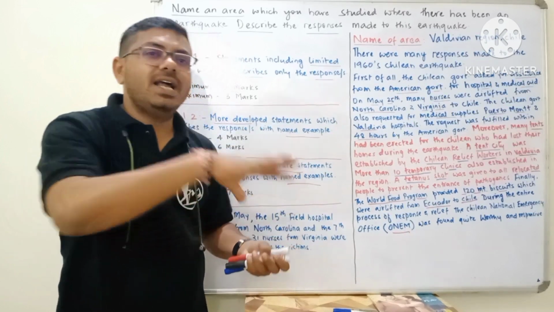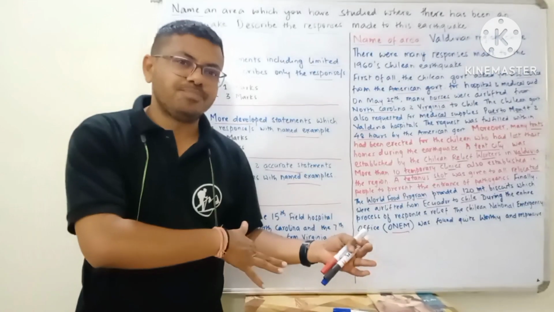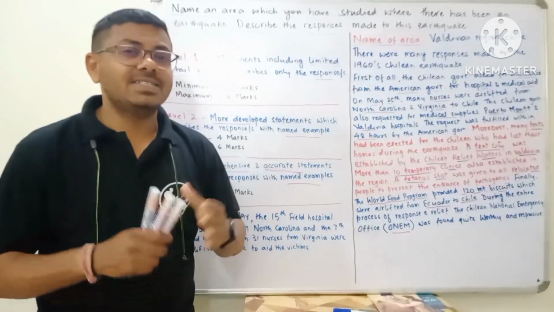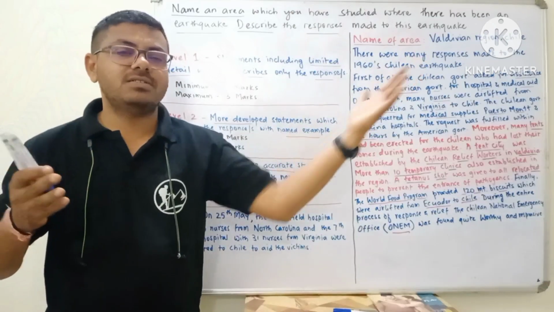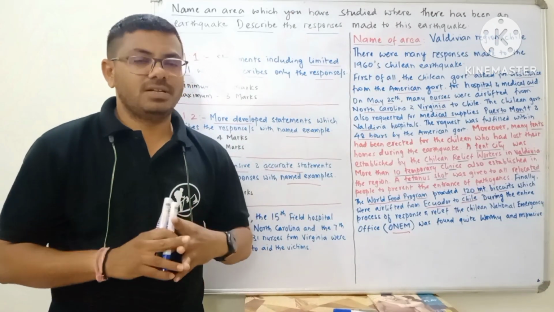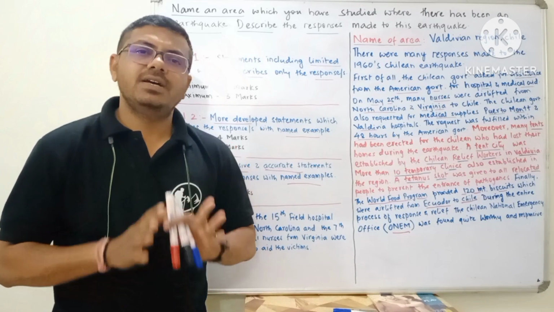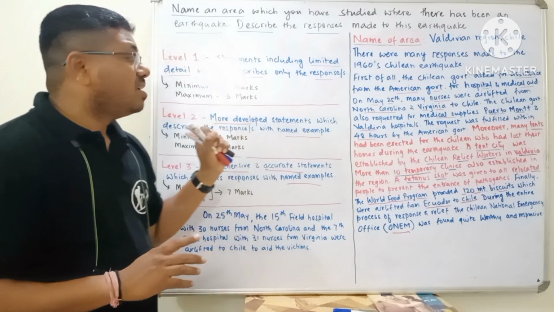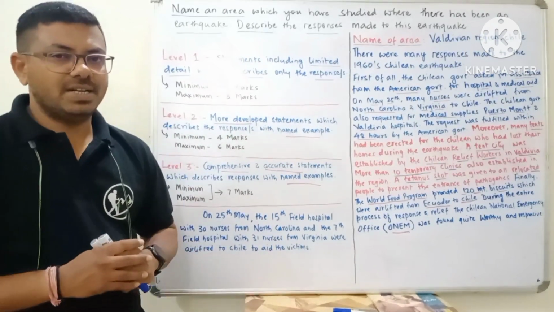The island region, the desert area or the plain area. This way areas can be defined. Northern region, southern region, eastern region. This way it is to be written. So area and country you should be very clear about, right? This is all about the simplified version of the case studies format in IGCSE.